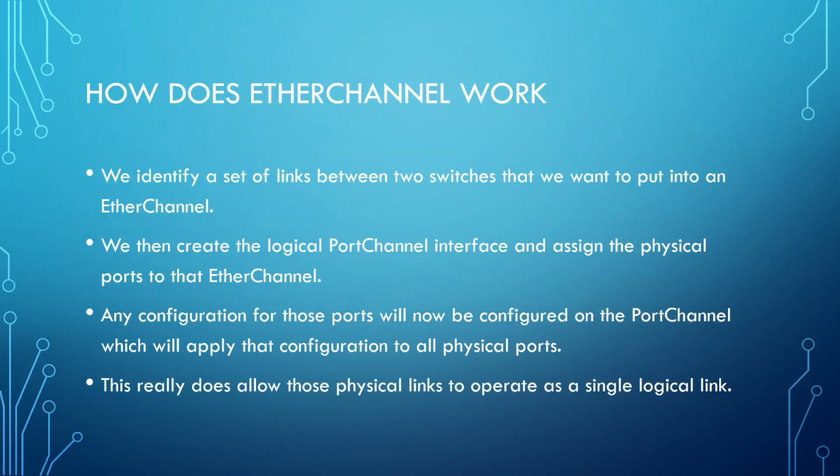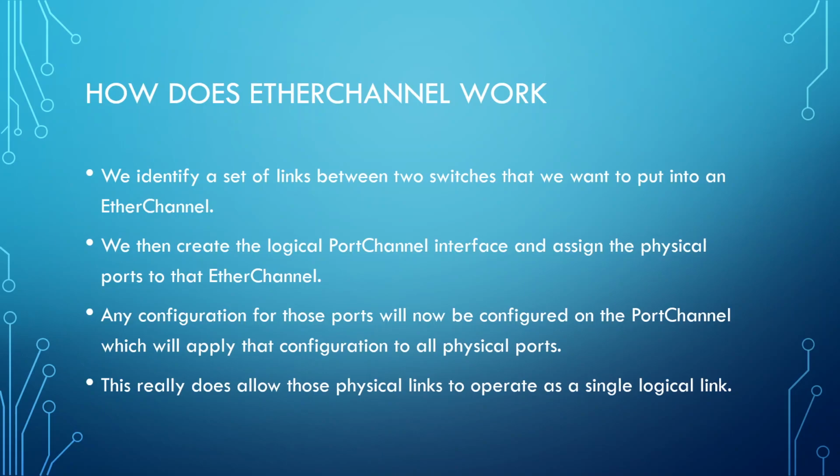So the way the EtherChannel works, we first have to identify what links we're going to put into the EtherChannel. Again, the links have to be going to the same switch. Then we create the logical port channel interface. This is what the switch sees. So when the switch is going to forward traffic over an EtherChannel, it doesn't see the individual links, it sees the logical interface that we have created.